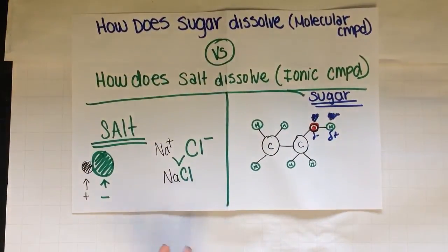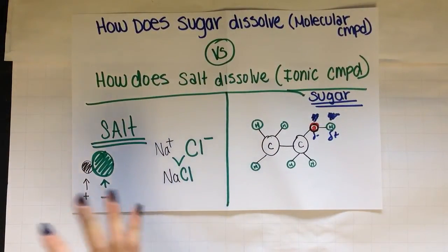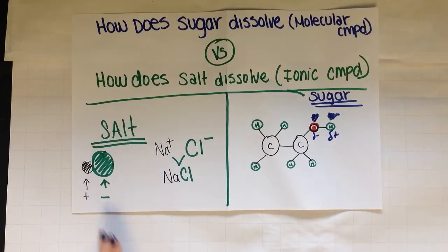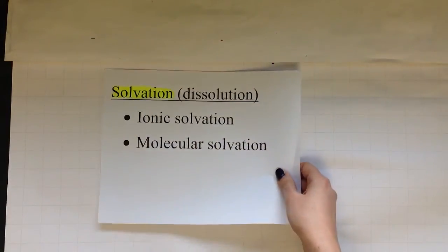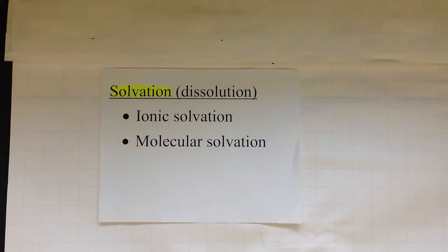So how do they dissolve? They actually dissolve in very different ways. Salt can be ripped apart, any salt, into its ions, but a sugar molecule does not get ripped apart. Let's remember that. First we'll start with our next term, which is solvation, also called dissolution.